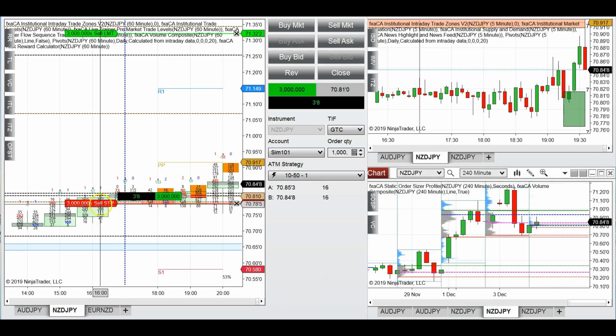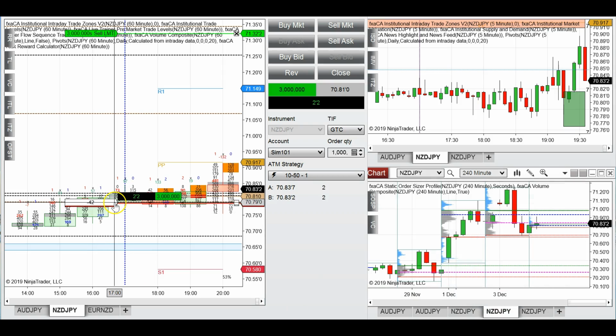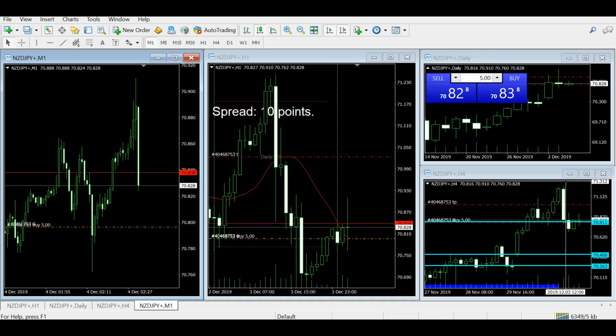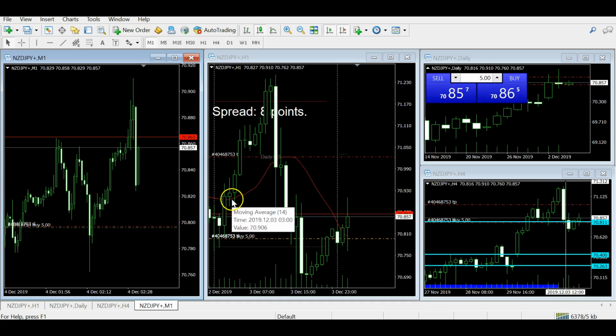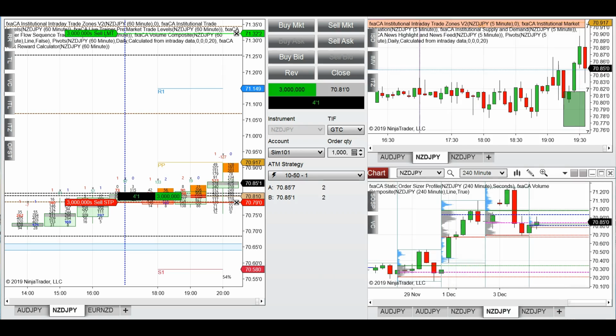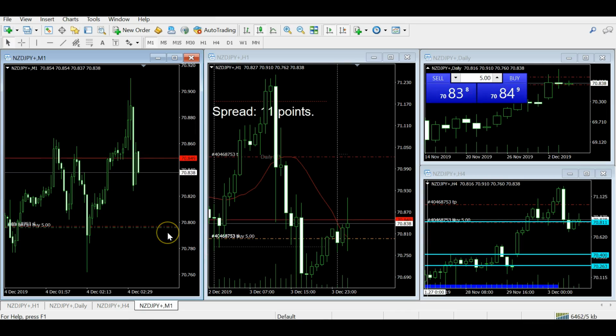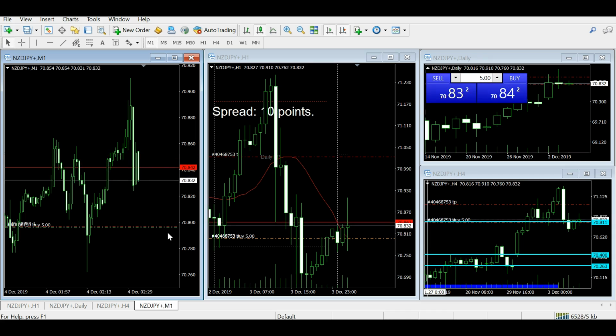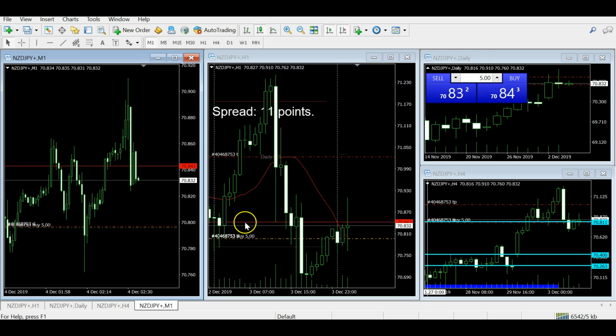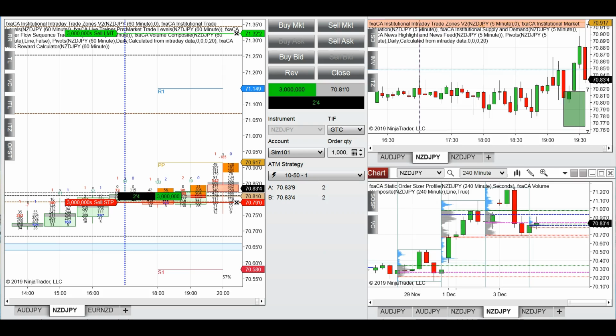This is when the news broke, and from the look of things it was negative news, and that's pushing down the Aussie dollar, or rather the New Zealand dollar, because the New Zealand dollar is correlated to the Aussie dollar. So if the Aussie dollar goes down, the New Zealand dollar definitely will go down. So that's what we are seeing here. Now they are pushing down the market.